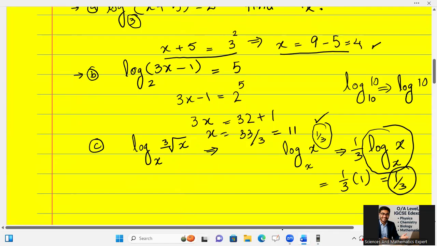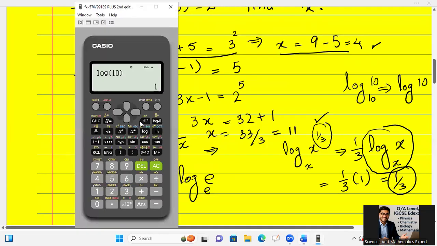On the other end, when I said we can take ln, that is log to the base e, then ln e, if you can observe here, e is also equal to 1.